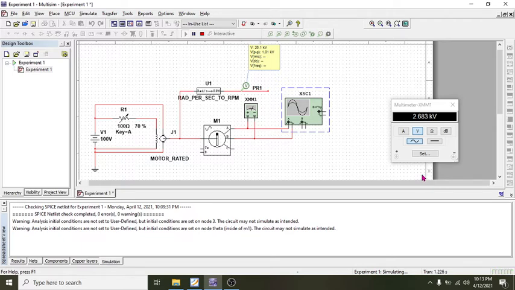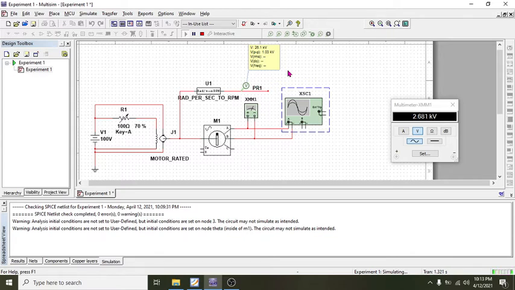It still changes. You notice that the value of the speed drops to 26.1, or 26,100 rpm.